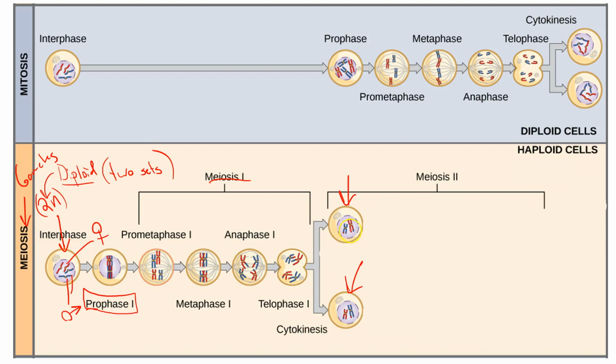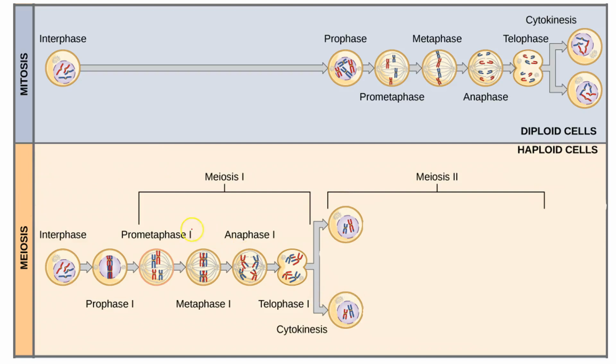There are sister chromatids here, but there is only one set of chromosomes, and there's only one set of chromosomes here. If there were 2 sets, then you would expect to see another pair of sister chromatids that are this size, and then another pair of sister chromatids that are this size. Those would also be in the nucleus as well, but that's not the case. So we've gone from diploid to haploid in meiosis I.